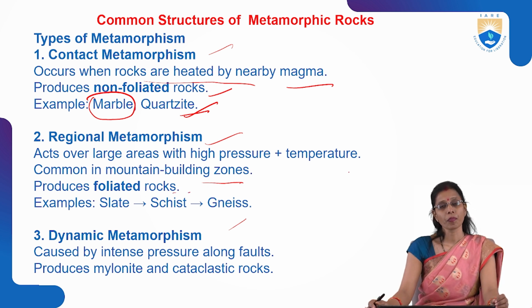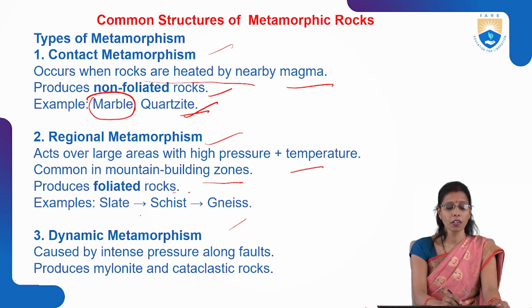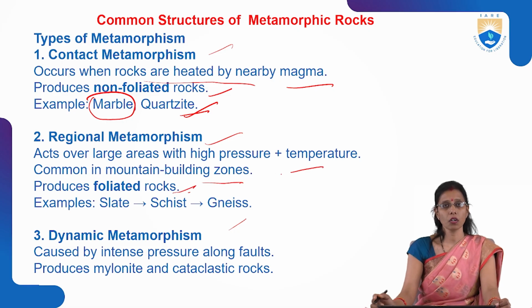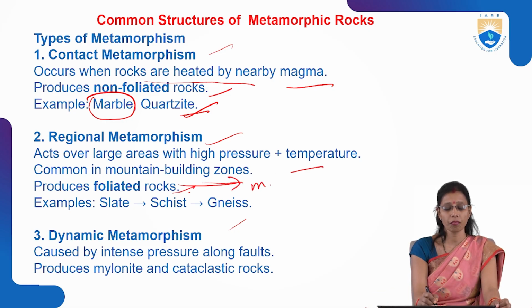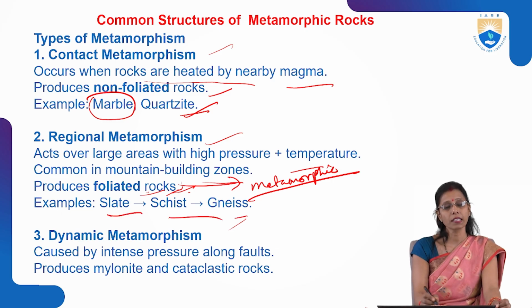So wherever there is a region under high pressure and temperature, the metamorphic rock types will be in the form of foliated rocks. Examples here are slate, schist, and gneiss.